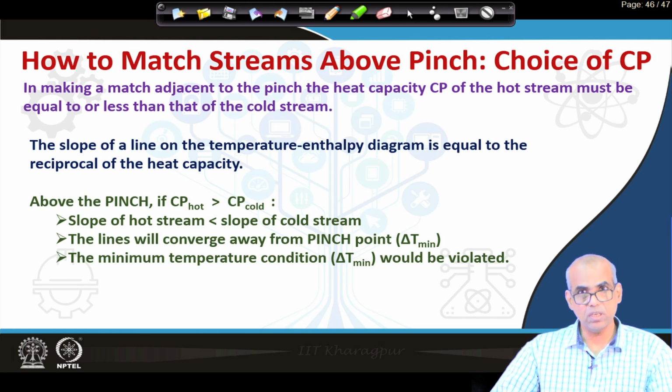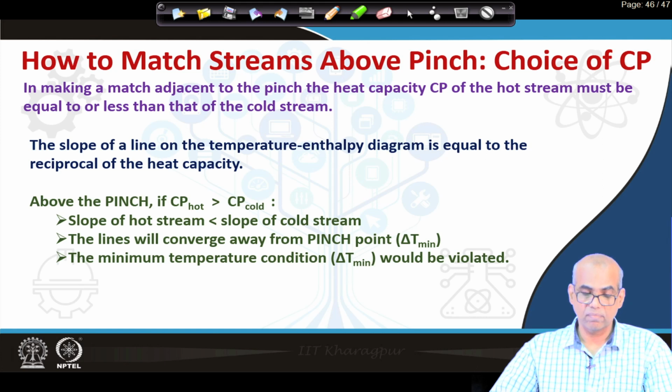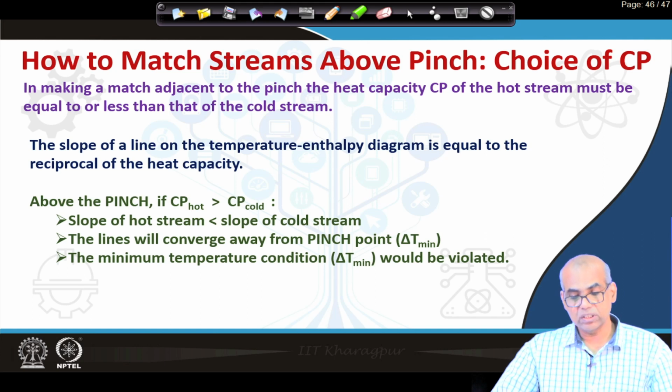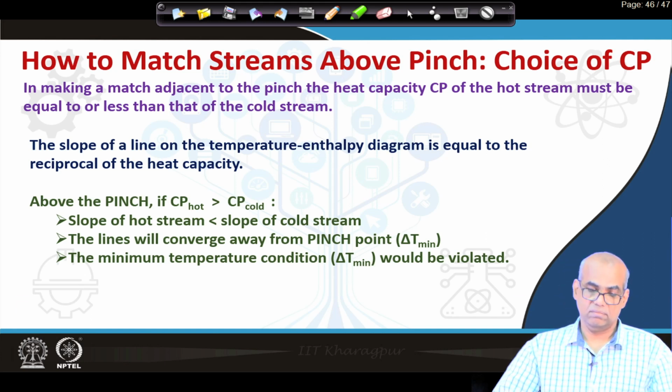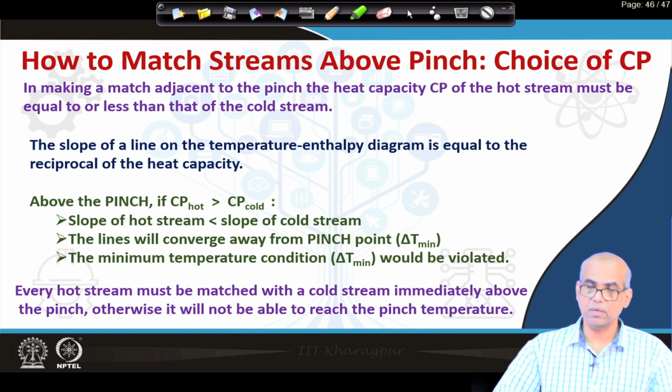So, when this happens, these lines will tend to converge away from the pinch point, that is the delta T minimum point. And then the minimum temperature condition will be violated. Remember, every hot stream must be matched with a cold stream immediately above the pinch, otherwise it will not be able to reach the pinch temperature.